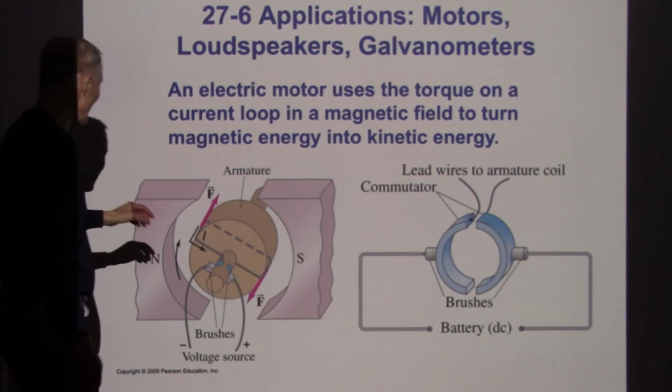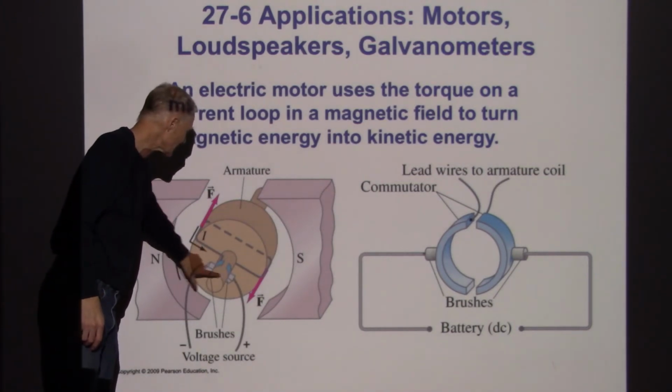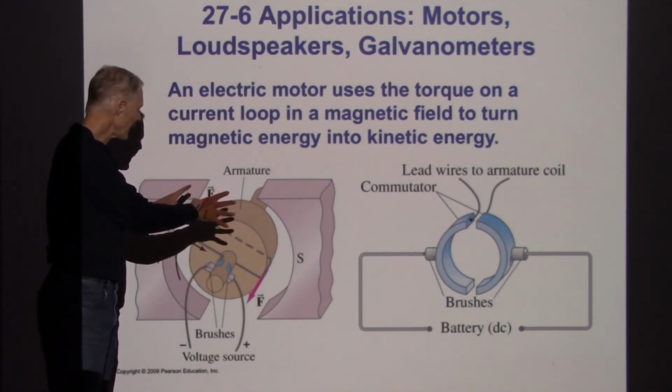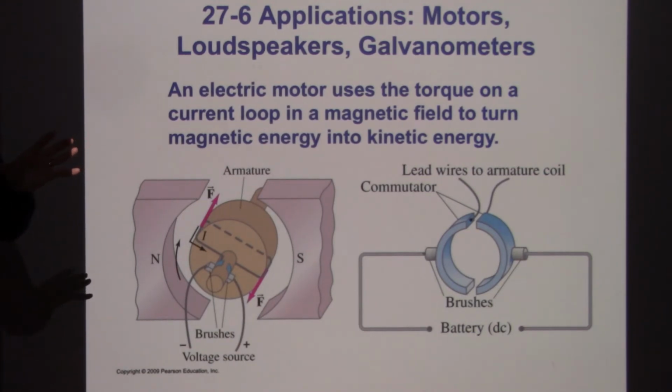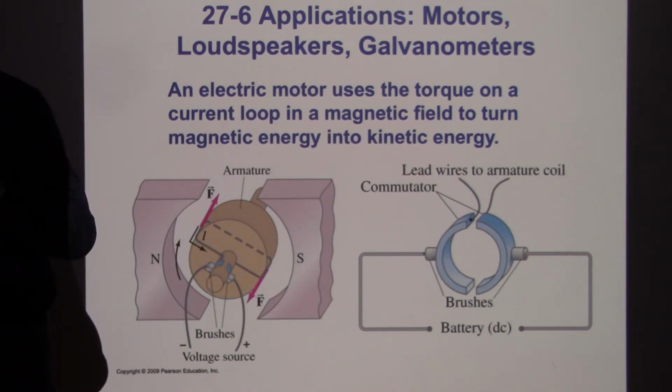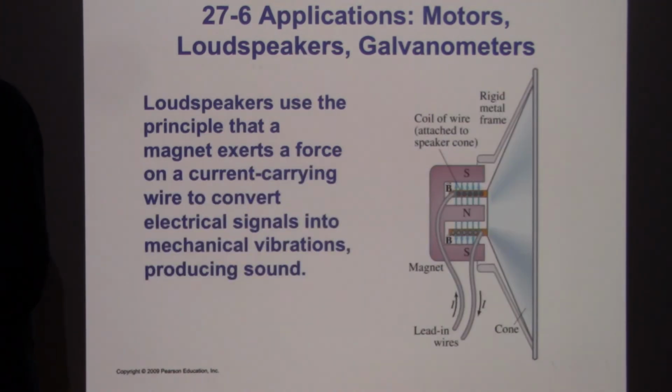So we don't have to have any electrical contacts at all. We can just take an electrically conductive material, place it in there, and set that into motion through a process called induction, which we'll get to looking at in chapter 29 maybe. So anyway, different designs of electric motors.